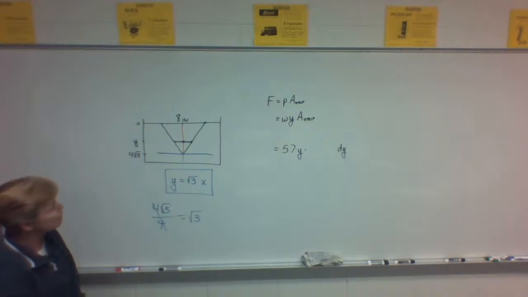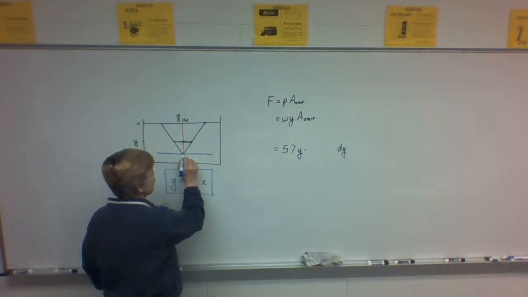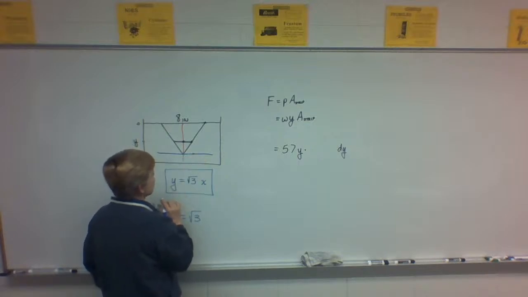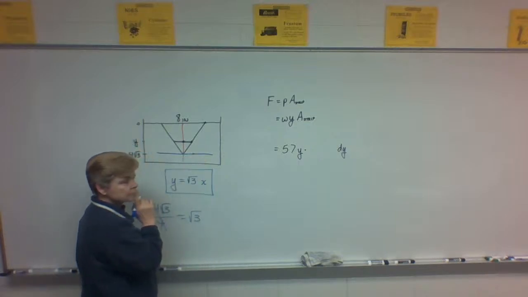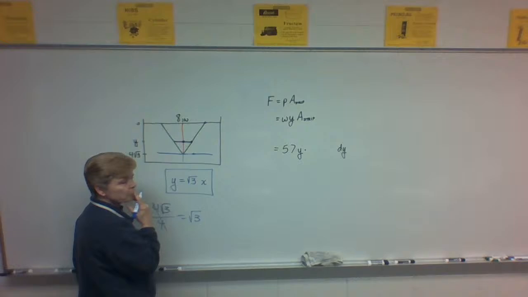Isn't the length of this piece from here to here the same as the x value from here to here? And this is x, and x is y over root 3. Go on a little slower.